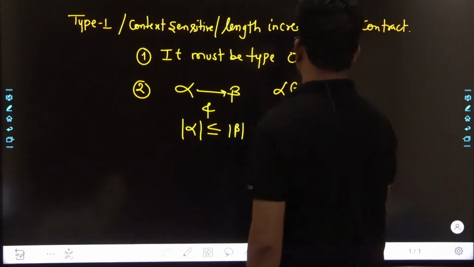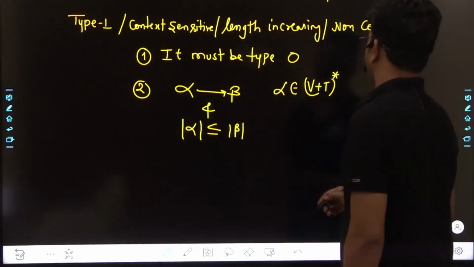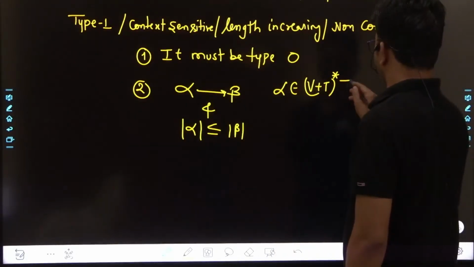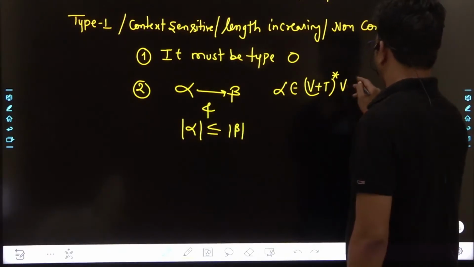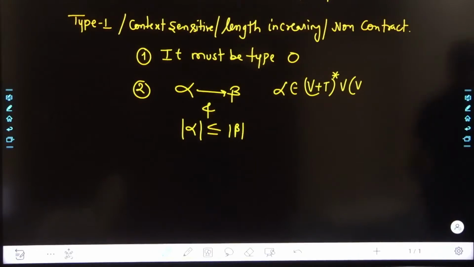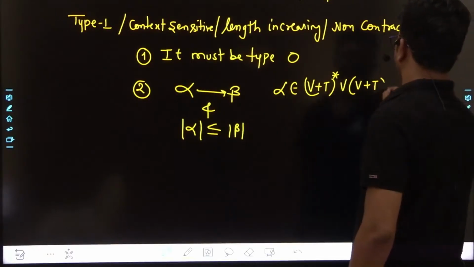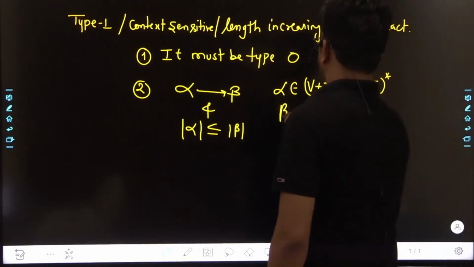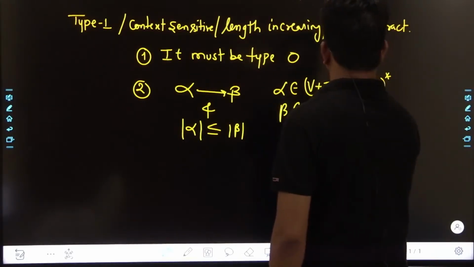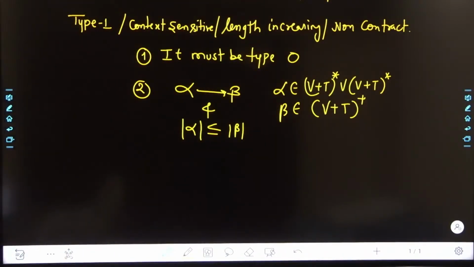Alpha belongs to any number of terminals including epsilon, with at least one variable. And beta belongs to any number of variables and terminals excluding epsilon. Clear?